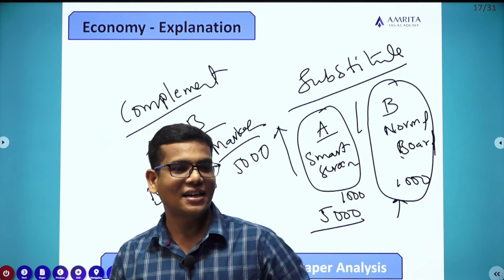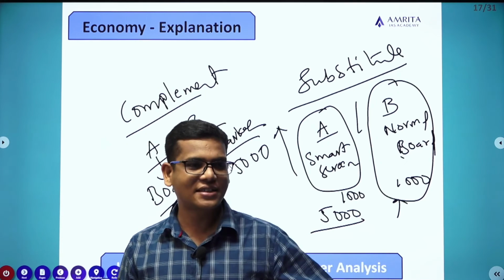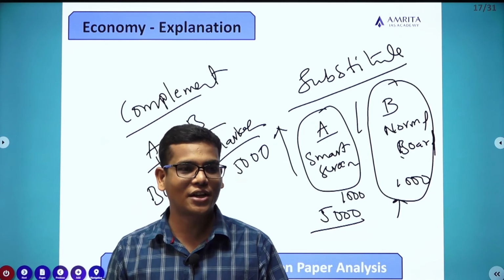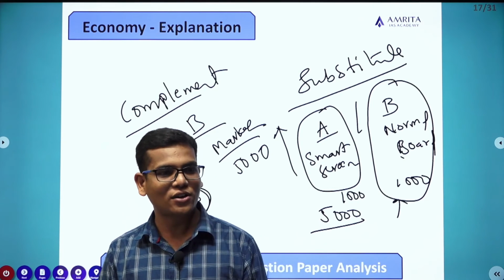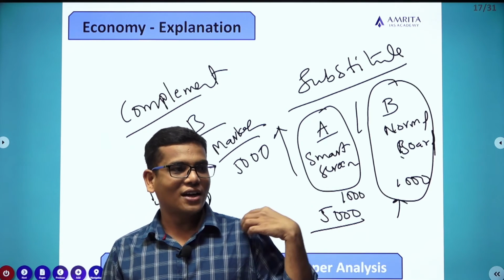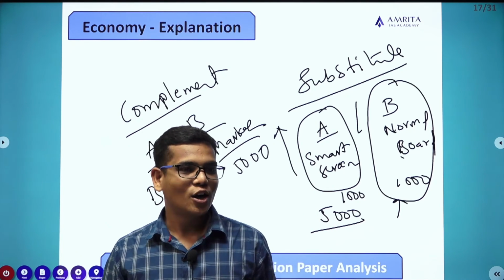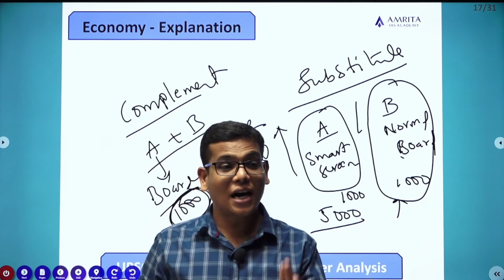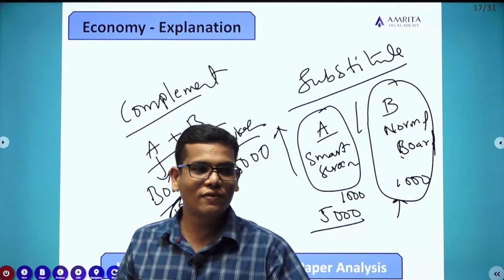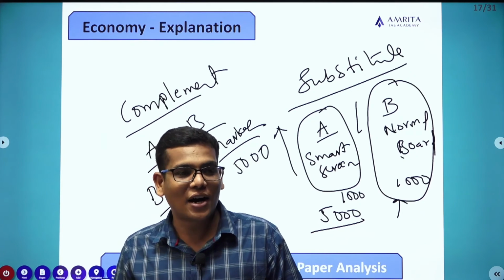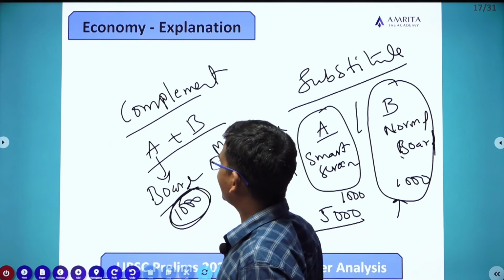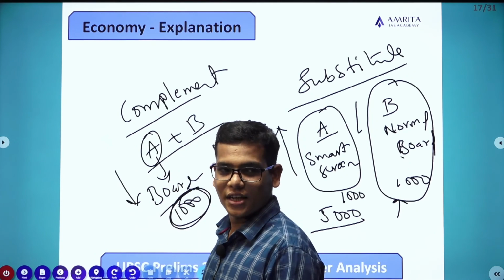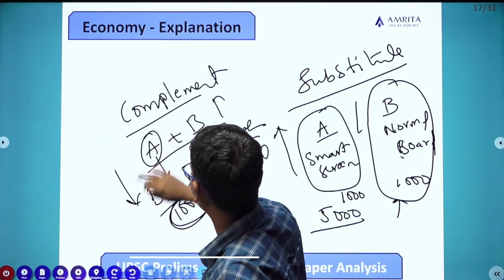Suppose take the case of pant and shirt. It's a very perfect combination, and if you want to wear this pant, you have to wear this shirt only. But suddenly if the shirt cost increases, even though the pant cost is the same, you can't purchase the pant. So when the complement price increases, the demand for this product comes down.